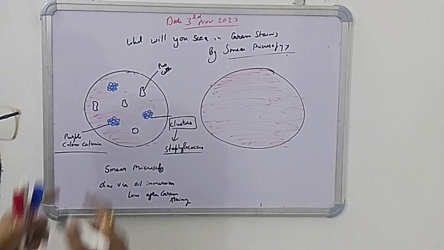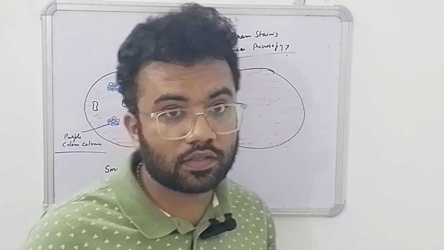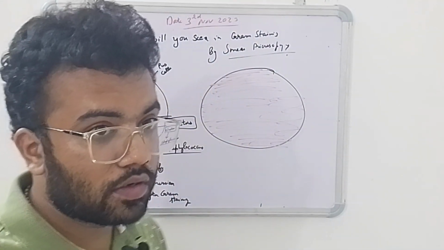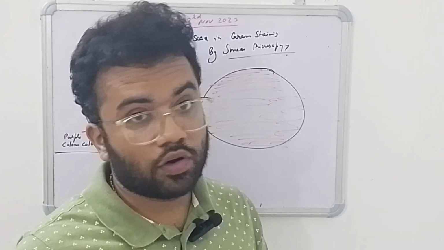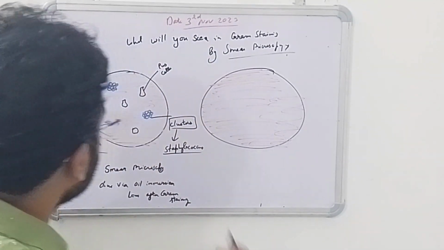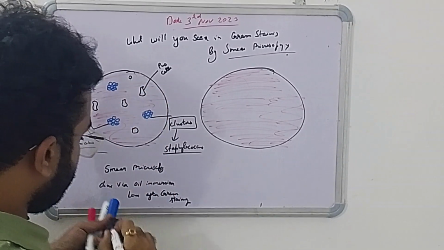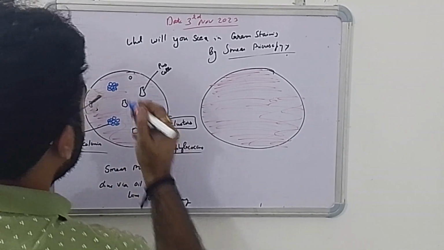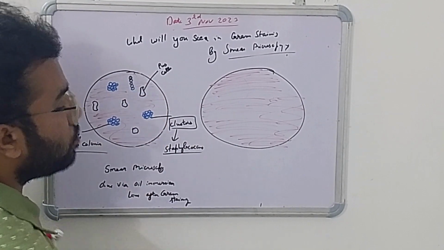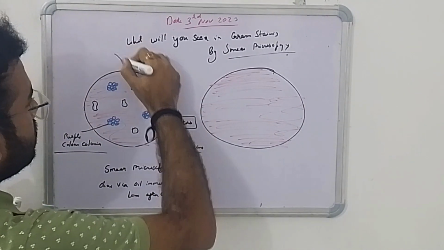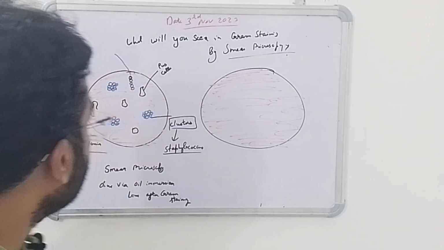Here it can also be a mixed slide. There can also be presence of other species or other organisms. Sometimes you can see chains, sometimes mixed and sometimes single.